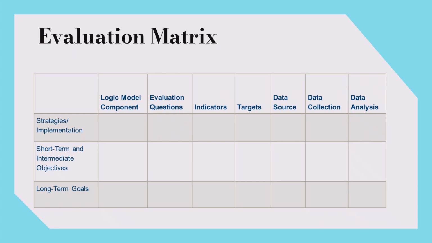All right, so the evaluation matrix, this is kind of a nice to know, or a possible available tool that can help you develop an evaluation. What you're doing is you're looking at the logic model, you're looking at the stages across it, so the implementation, the short-term and long-term goals, and you're filling in the questions that you want to ask, the indicators that are going to be associated with those questions, the targets that you're going to set, and then your data source, data collection, data analysis methodology.